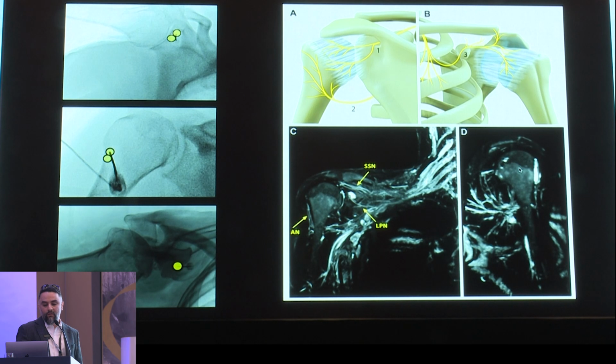This is exactly how it is seen in fluoroscopy as described. It's very difficult to see such tiny nerves in ultrasound. This is a nice neurography showing all those small nerves in one of the articles.